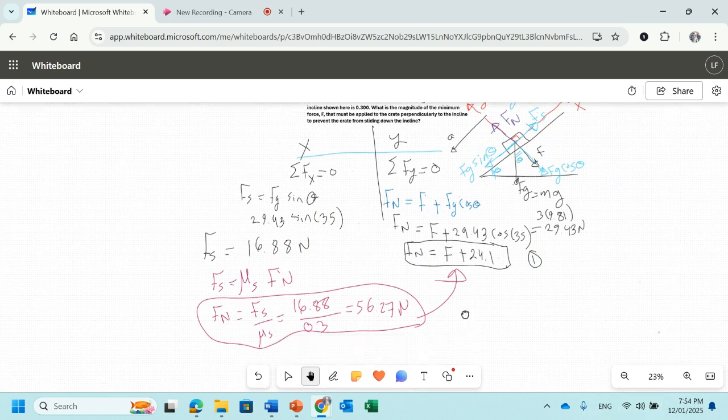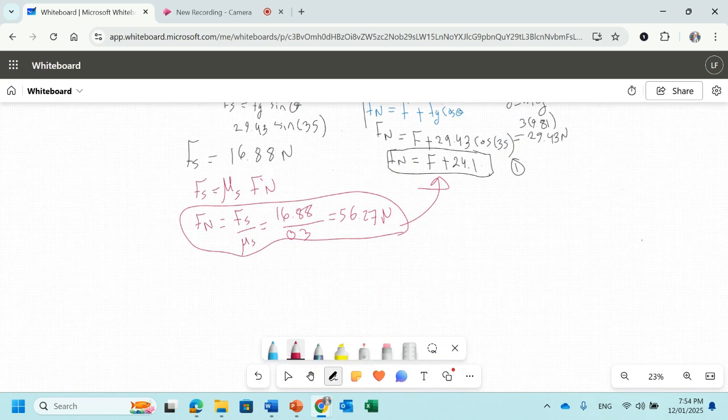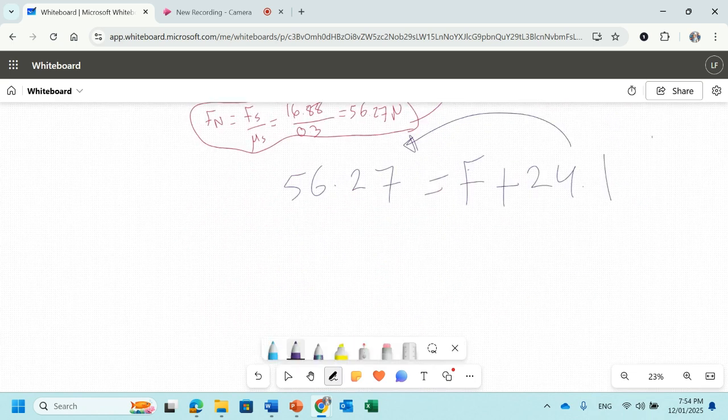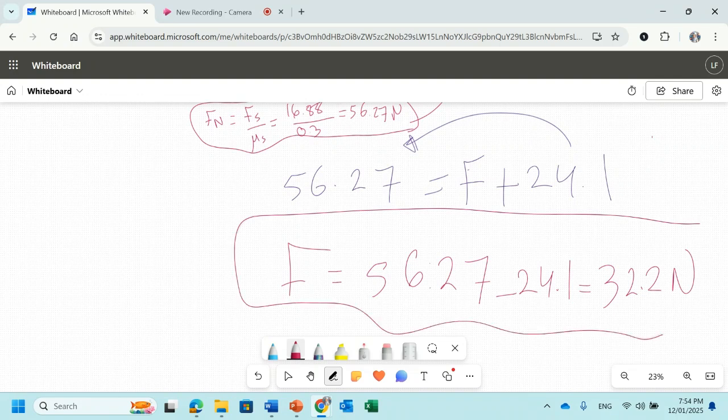So from equation 1, we can write that Fn, which is 56.27, equals F plus 24.1. Take this to the other side and find the value of the applied force. So the value of F will equal 56.27 minus 24.1, and this will equal 32.2 in Newton. And this is how it's done.